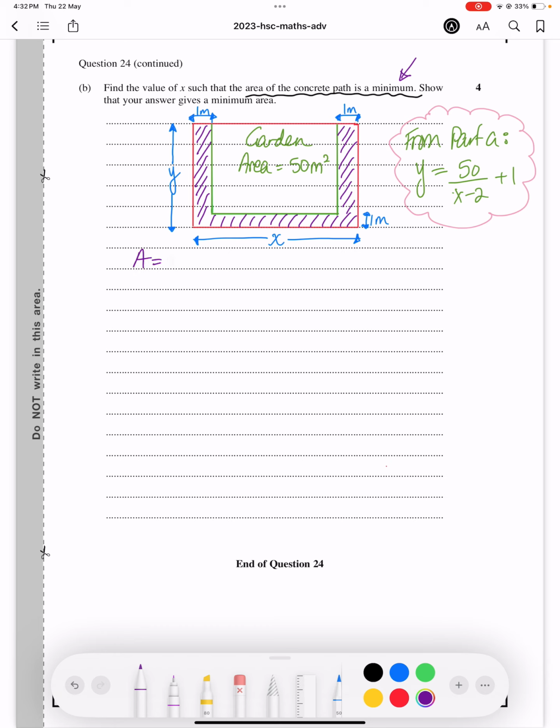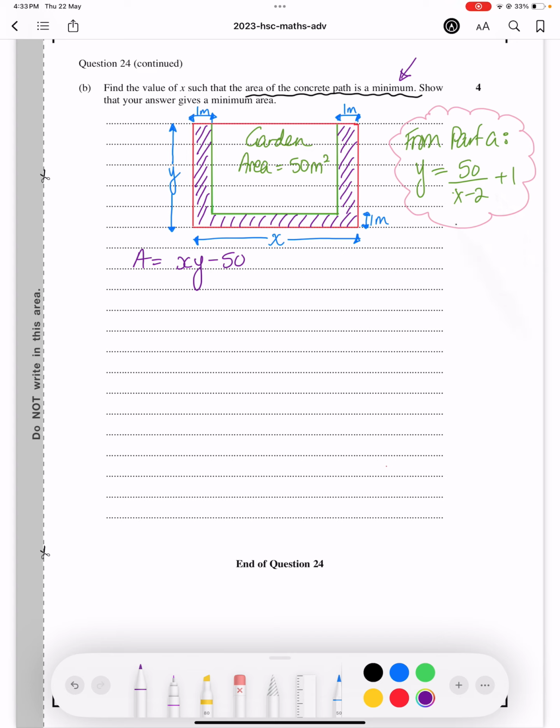First up, the area of that purple concrete path would be found by doing the overall rectangle area, which is x times y, minus this green area, which is 50. We can't have two variables because we can only derive with respect to one variable. So we remember that in the previous part, we proved that y equals 50 over x minus 2, plus 1.